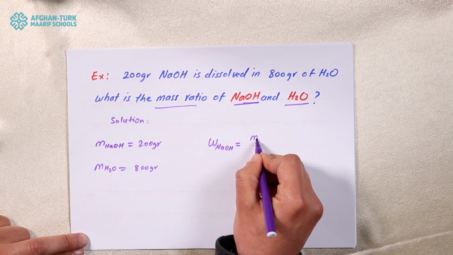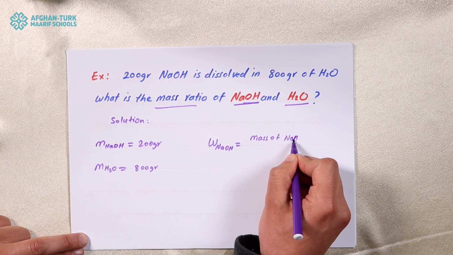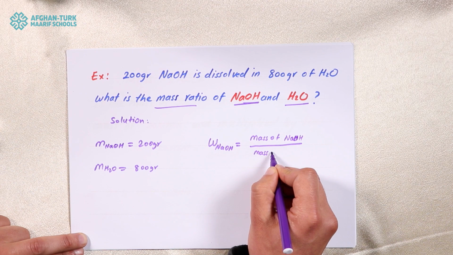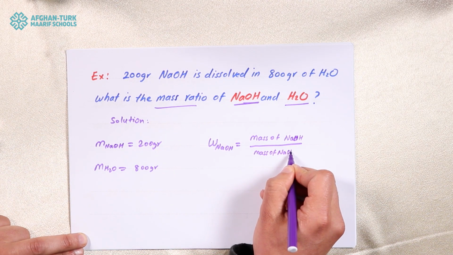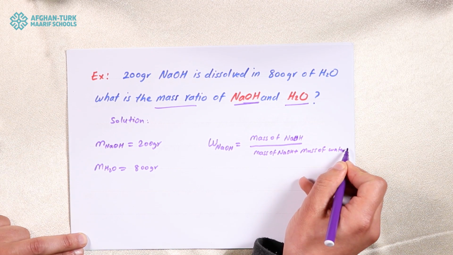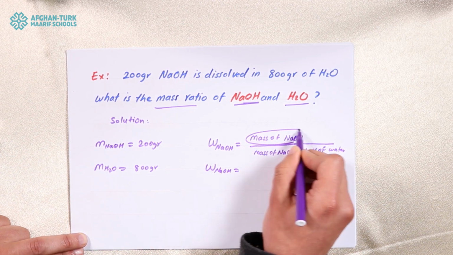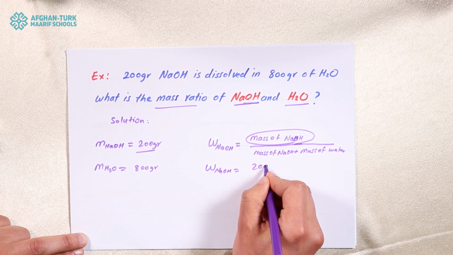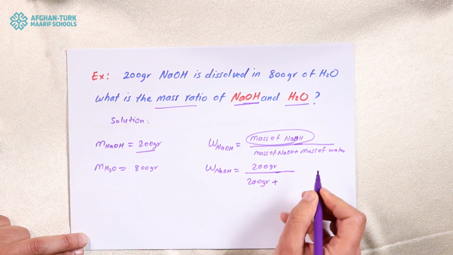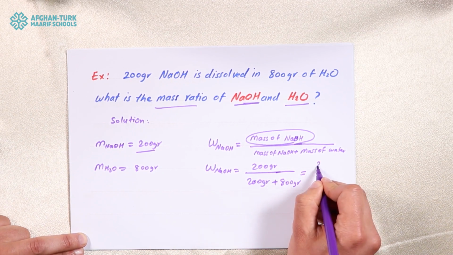According to the formula, I should write the mass of sodium hydroxide in the numerator, and in the denominator mass of sodium hydroxide plus mass of water. The mass of sodium hydroxide is 200 grams, plus mass of water, 800 grams.